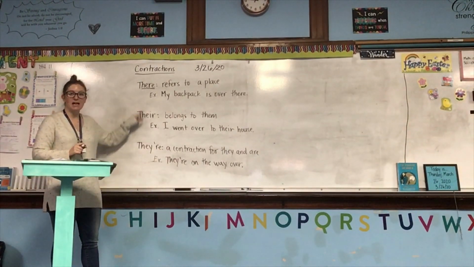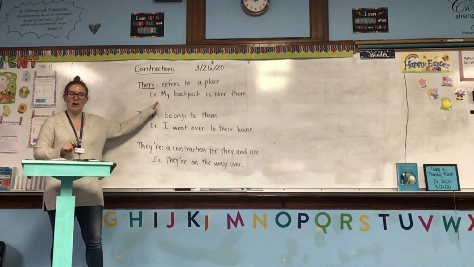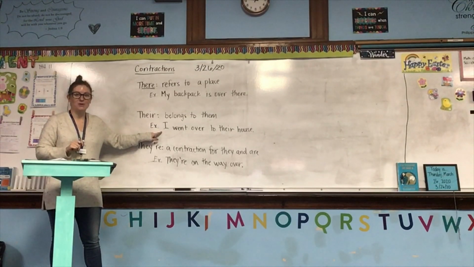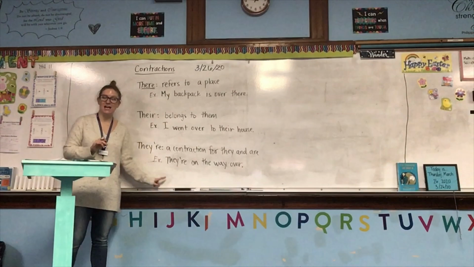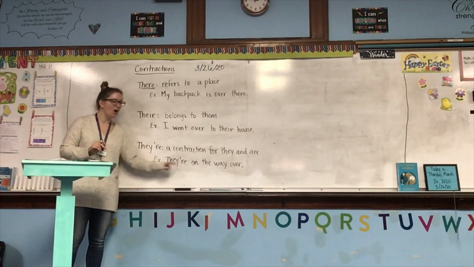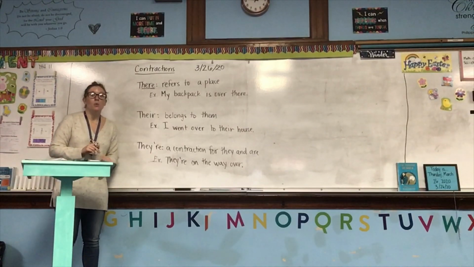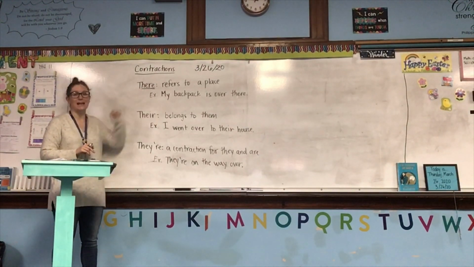You cannot replace any of these other ones with they are. My backpack is over they are. That does not make sense. I went over to they are house. Again, that doesn't make sense. They are on the way. That does. So whenever you can say they are, you can use T-H-E-Y-'-R-E. Whenever you're talking about a place, you can use there, T-H-E-R-E.